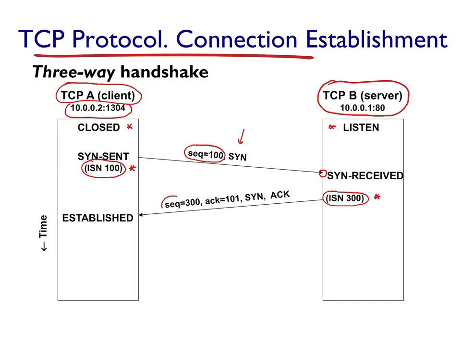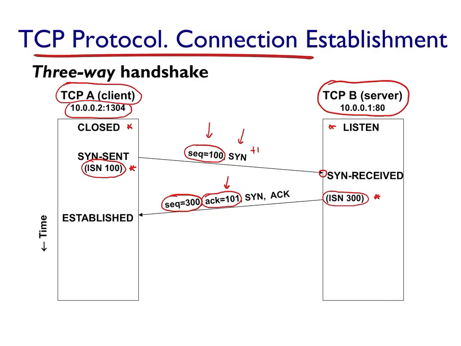Then this initial sequence number is put into the sequence number field, and the ACK is saying, okay, I have received up to sequence number 100. This flag means that there is a virtual byte in the segment. So the next segment I'm waiting for is 101.